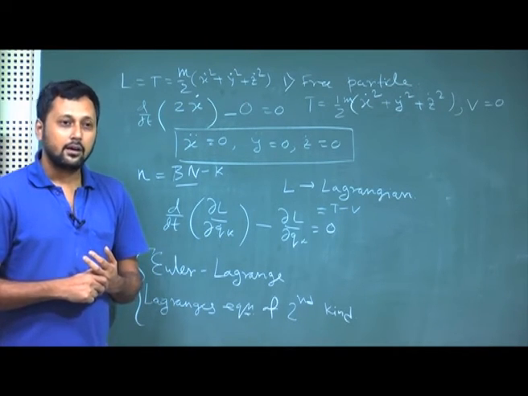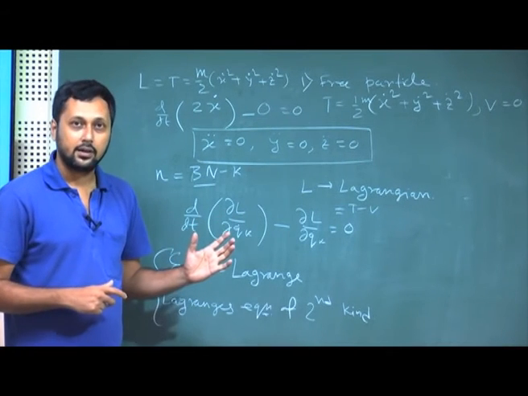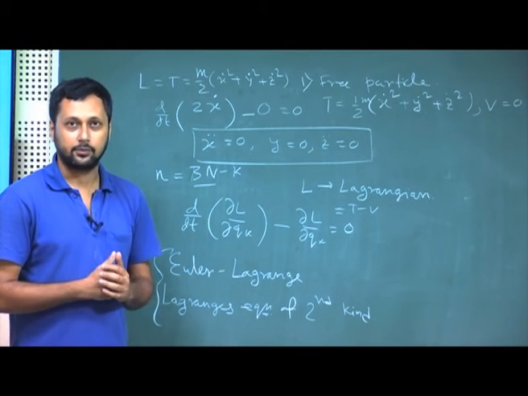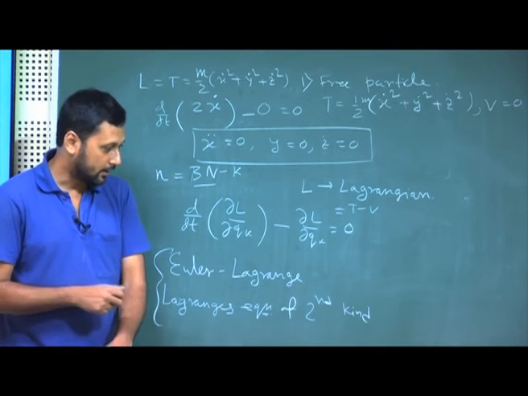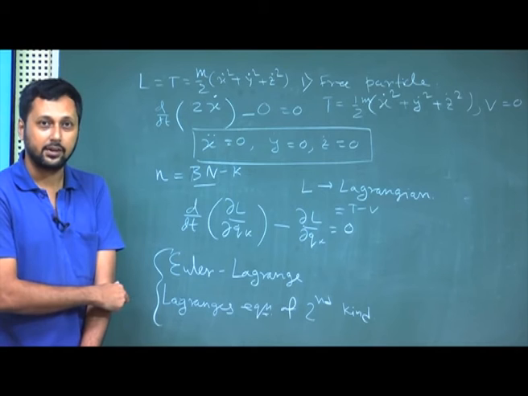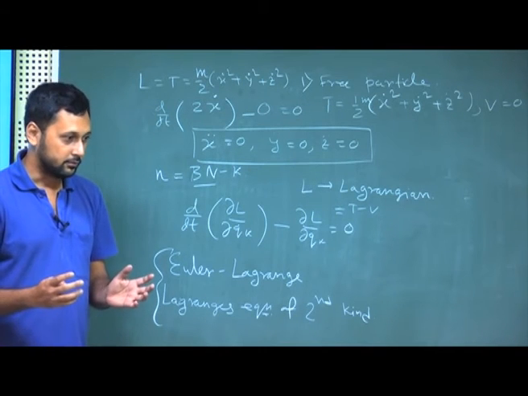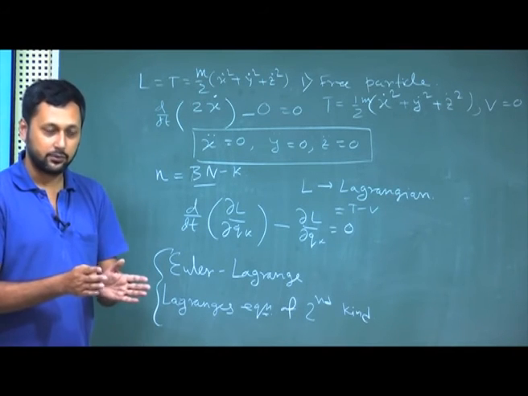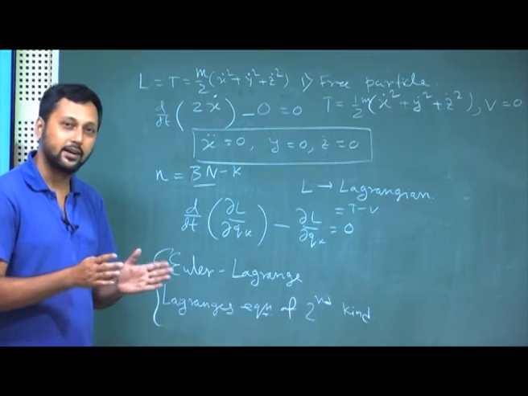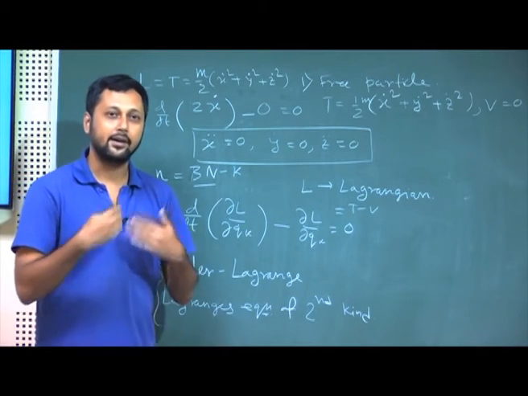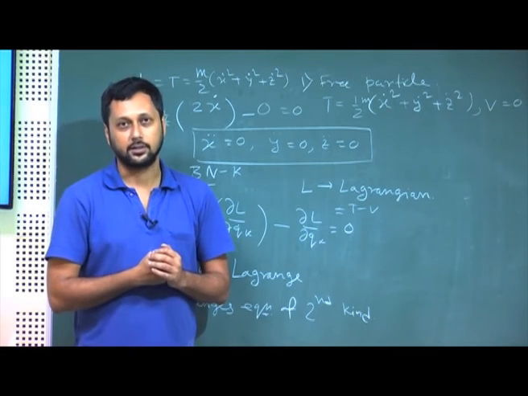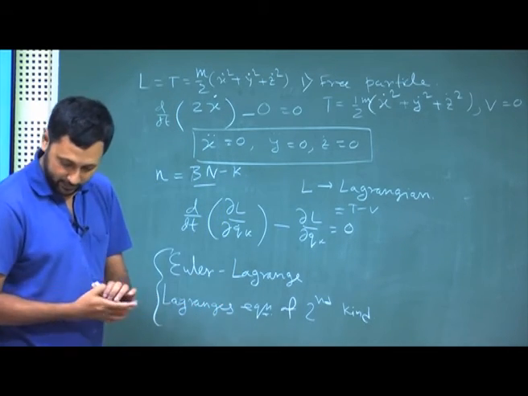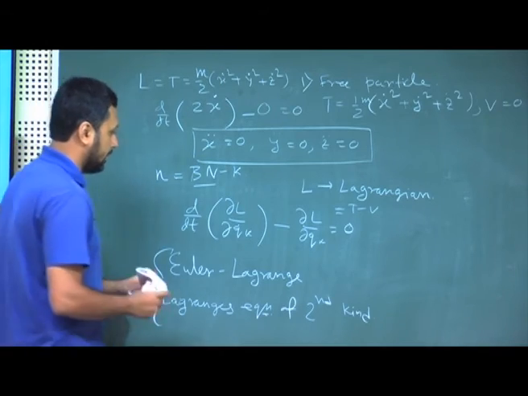Secondly, this is a gateway to advanced physical constructions like the Hamiltonian. We will learn a little bit of the principle of variation integrals. These are all pathways which will lead you to higher advanced physical formulations. So, it is important that we understand the Lagrangian mechanism by heart.